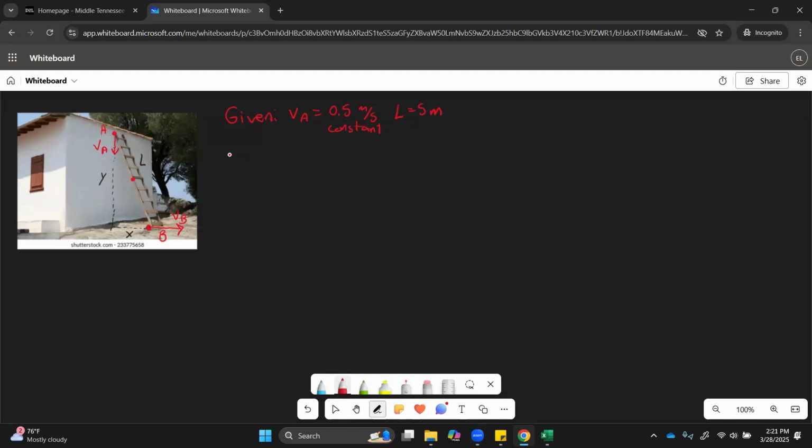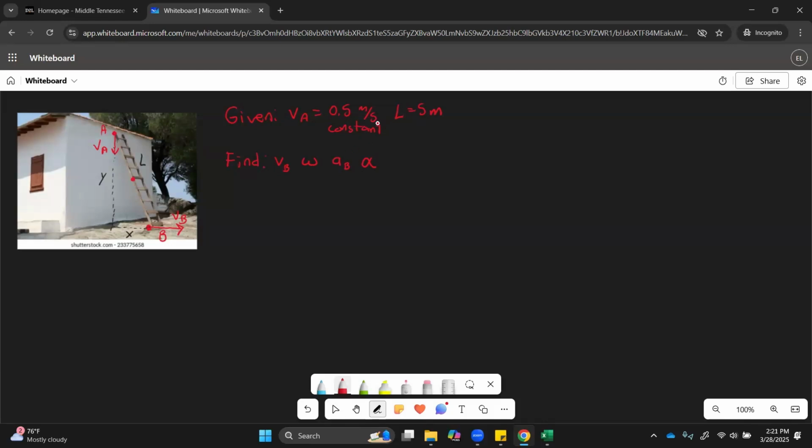And we need to find velocity of point B, omega of the ladder, acceleration of point B, and angular acceleration of the ladder, alpha.